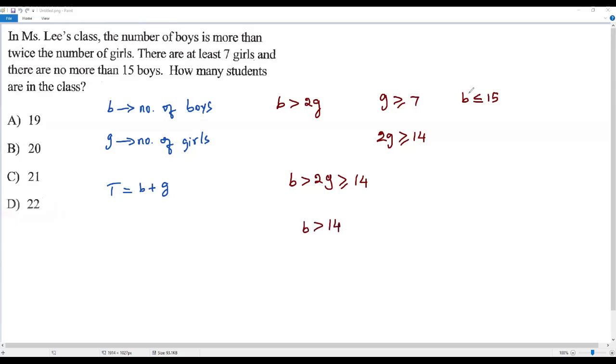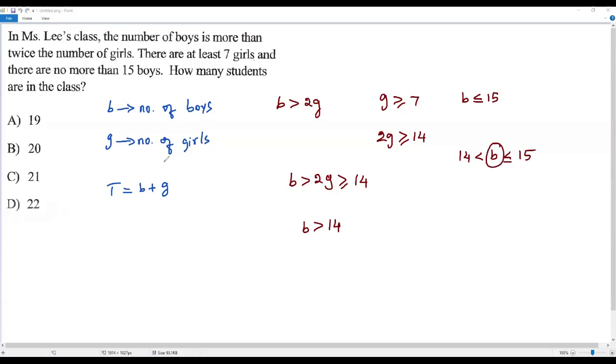Already we have an inequality with B, that is B is less than or equal to 15. Now we can combine these two inequalities, and I get a compound inequality: 14 less than B less than or equal to 15. Then what value can B take?